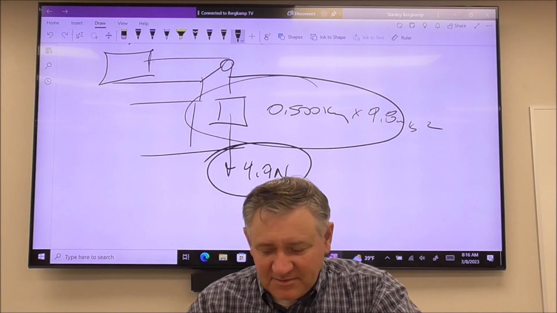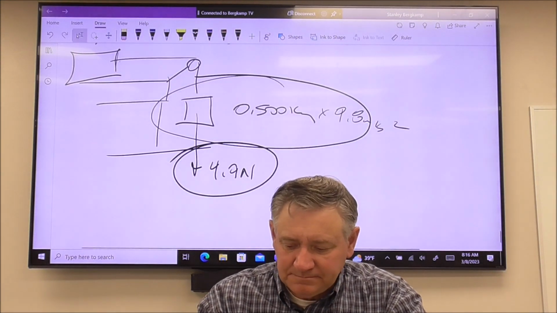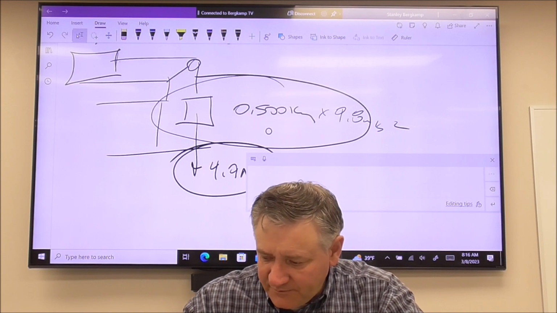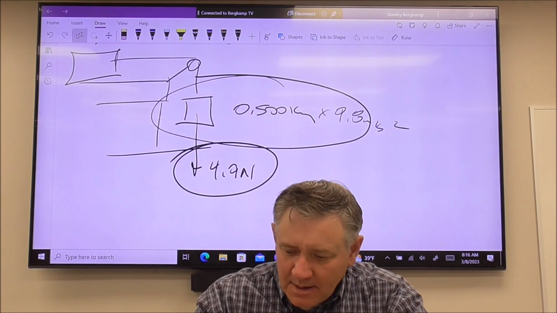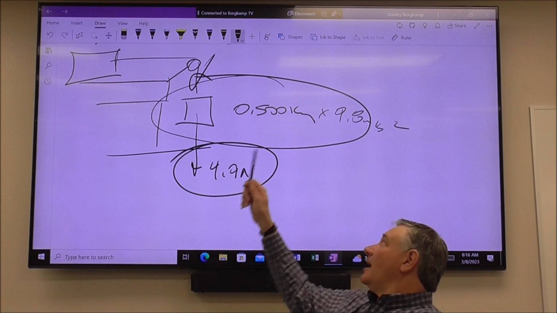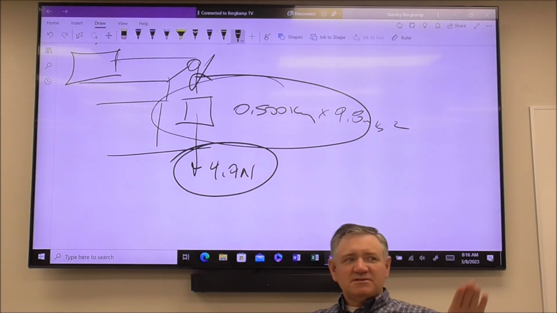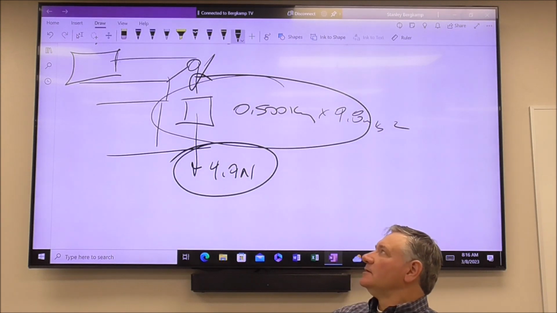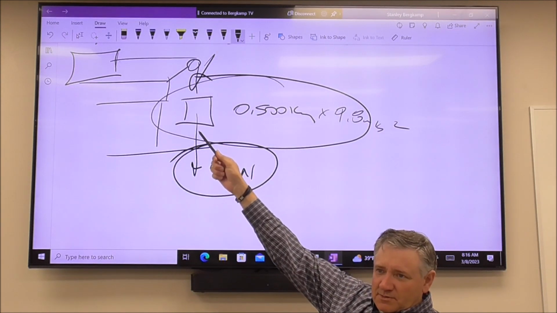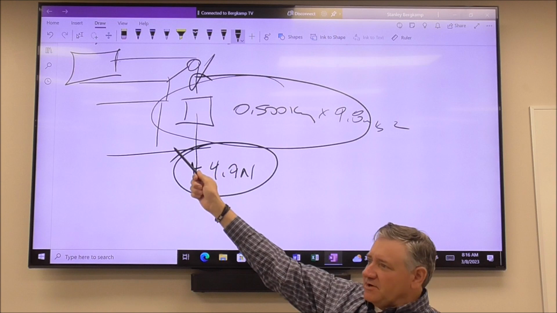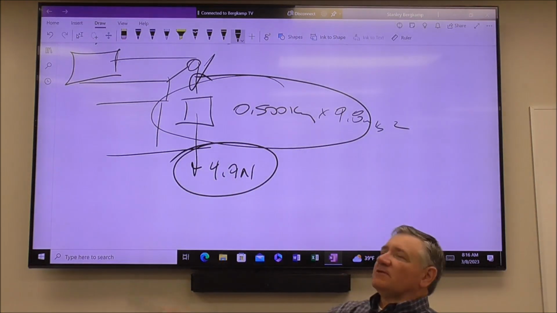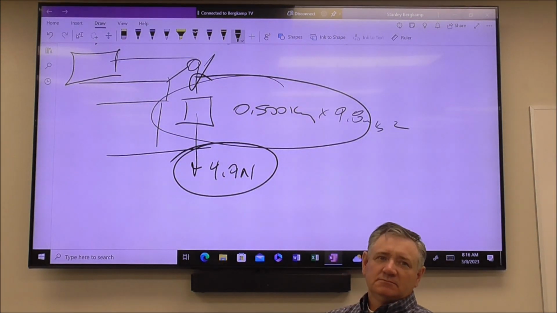So we're going to look at some different scenarios. Scenario number 1, we have a 4.9 Newton force. And I cut the string. Just sever it. Okay? Cut the string. It's gone. Jaden doesn't have to take along her little brother. I cut the string. What's going to be the acceleration of that 1/2 kilogram mass?